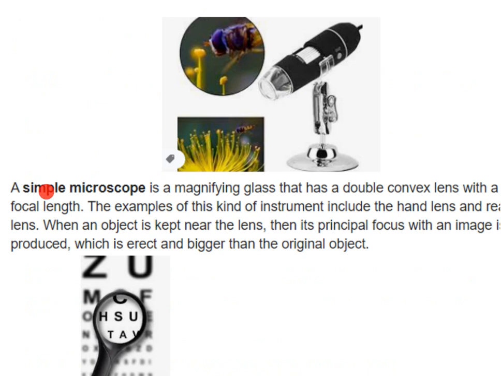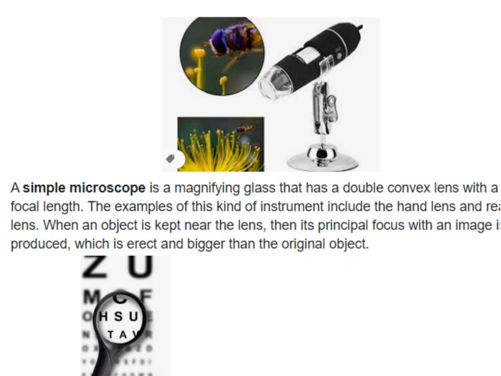A simple microscope is a magnifying glass that has a double convex lens with a short focal length. Examples of this kind of instrument include the hand lens and the reading lens. When an object is kept near the lens, within its principal focus, an image is produced which is erect and bigger than the original object.